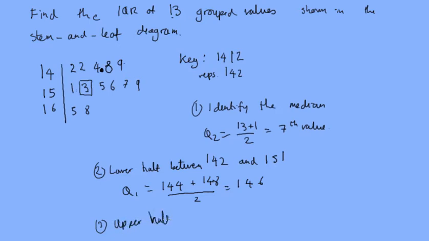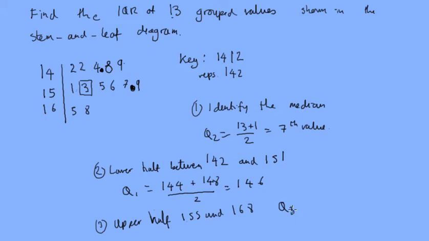Then the next step is for the upper values. The upper half, again we've got 6 values, and that's between 155 and 168. So 1, 2, 3, and 1, 2, 3. So in here is going to be our median.